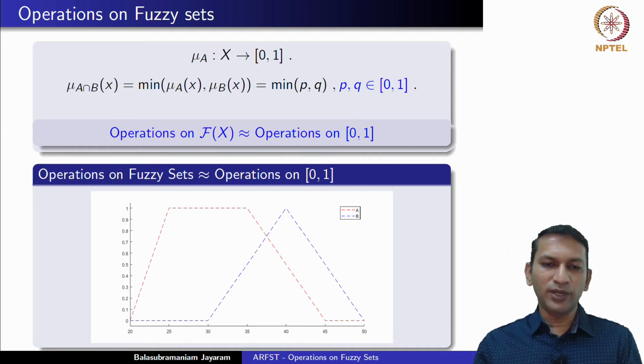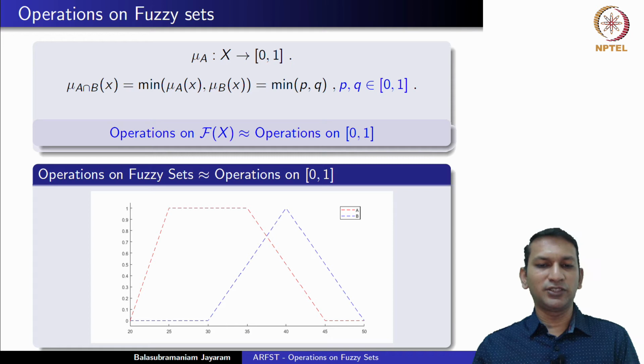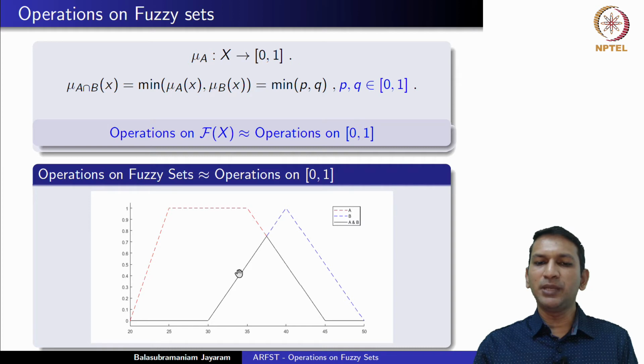Essentially, it is the pointwise minimum of both these functions defined on X to [0, 1]. It is easy to see graphically that if you consider the min of these two functions, this is what you would get as the conjunction of A and B. At every point, we are looking at the corresponding membership value of that X in B and the X in A, and we are taking the minimum of them both.